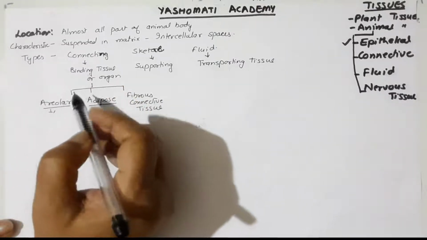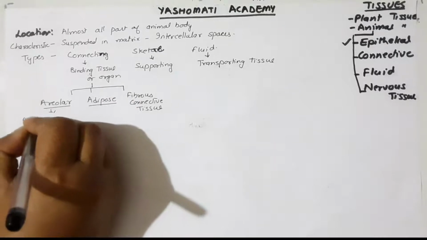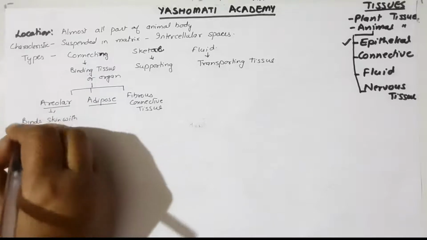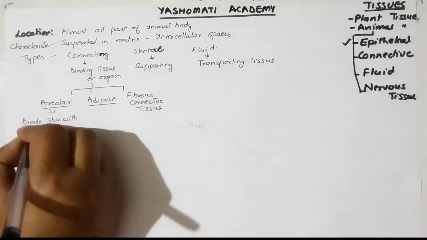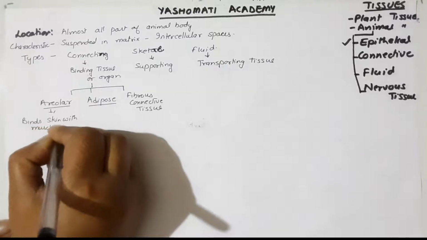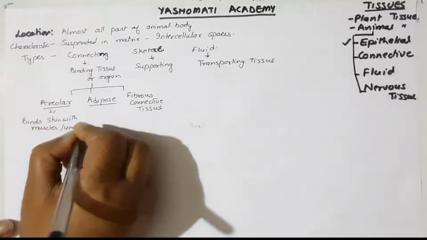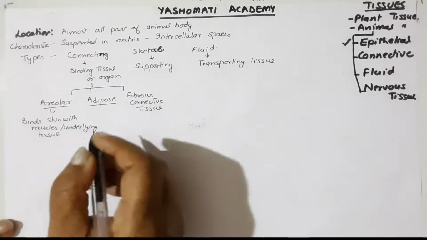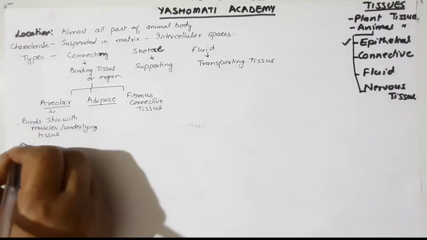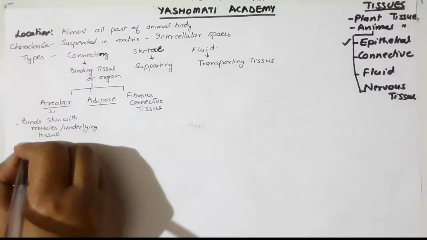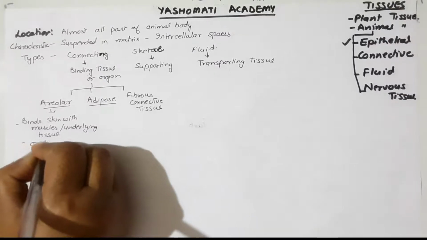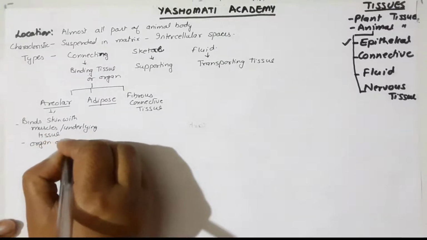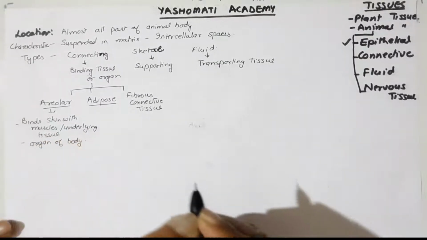So areolar tissue is the tissue which binds skin with muscles or underlying tissue and it is also present in the space between organs of body.